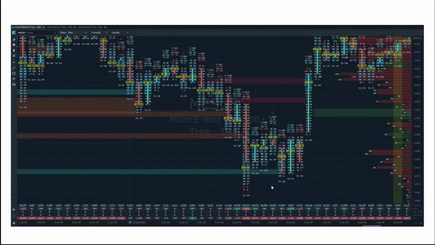If we look at the candlesticks, like here, for instance, we don't have a completed auction here because we have a 158 and 11, whereas here we have 32 and 0, right? So this is a completed auction where the next time price comes to there, we would expect it to bounce. This is an incomplete auction or like a poor low. The next time price comes to there, we would expect it to break through, right?